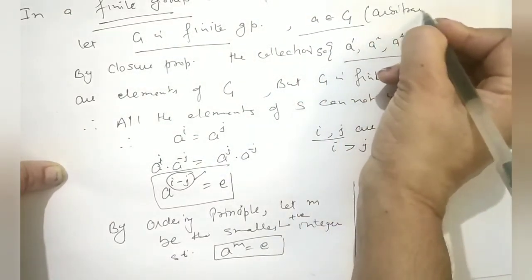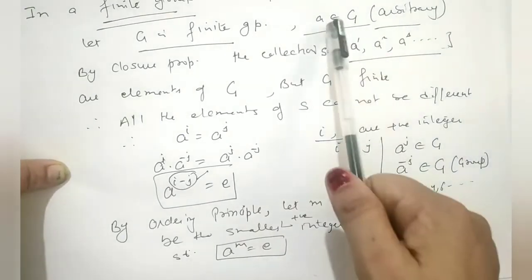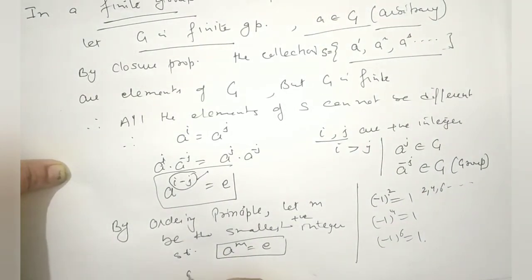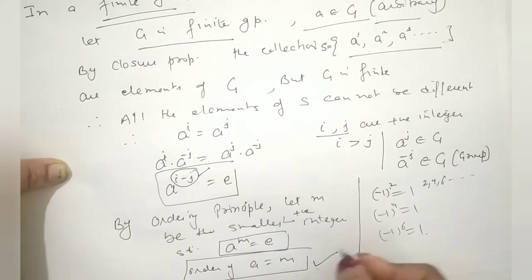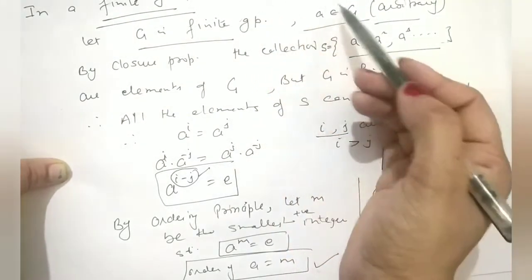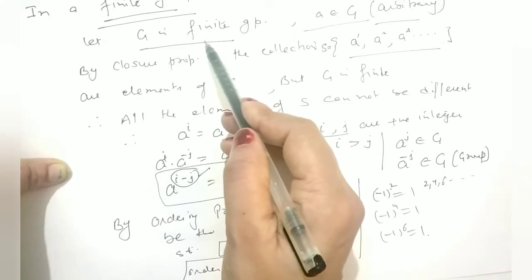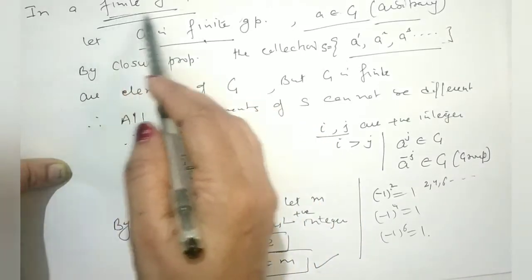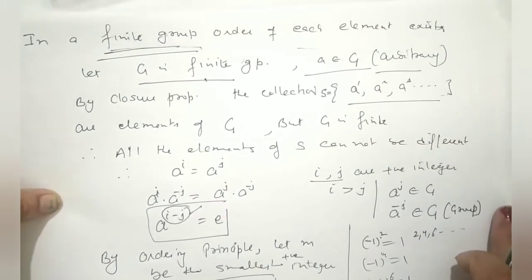Arbitrary means a randomly selected element from G. So if the order of a exists, that means the order of each element of G exists. What is the condition? That G must be finite. So the result is proved: for a finite group, the order of each element exists.